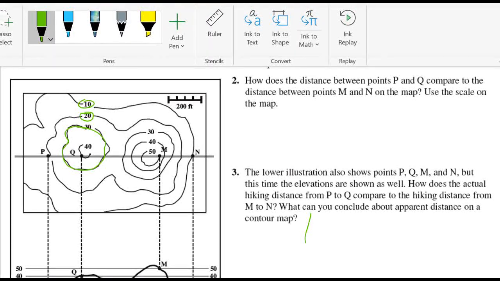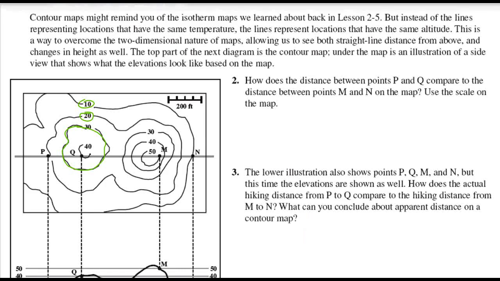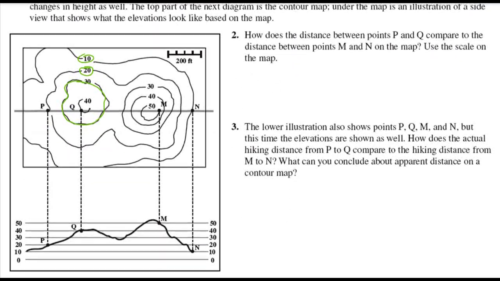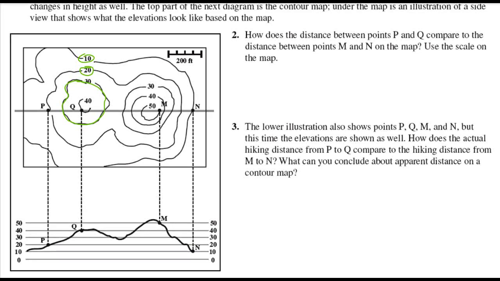Okay. So we've got the contour map there. How does the distance between points P and Q compare to the distance on the map between the points M and N? Use the scale on the map.